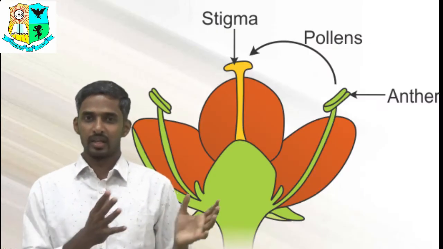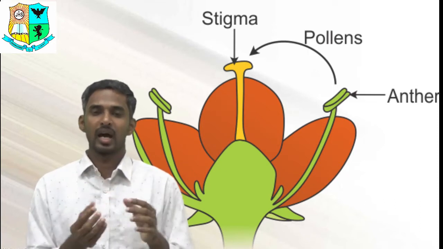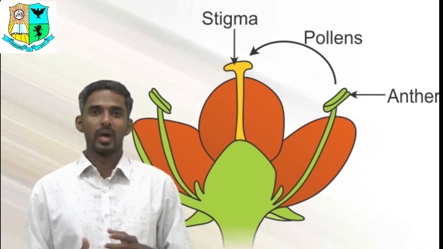The only difference between autogamy and geitonogamy is, in the first, both anther and stigma are from the same flower, whereas in geitonogamy, anther and stigma are from different flowers, but both the flowers are present on the same plant. And therefore, this is the difference that we should have.